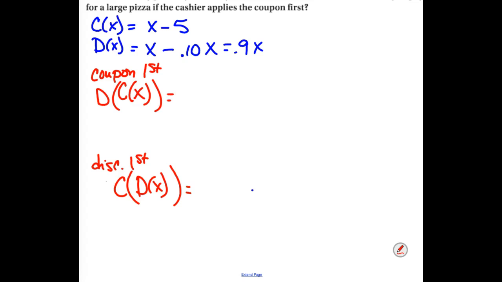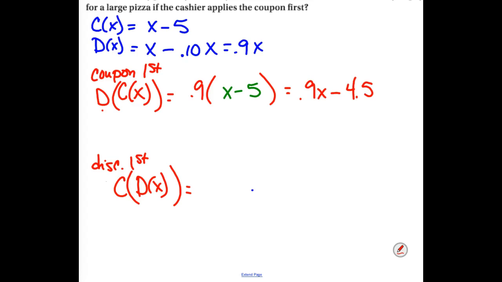The first one, I'm going to start by writing my D function, which was 0.9 times something. And what I'm dumping into it is my C function, x minus 5. What do we get when we simplify that? 4.5?